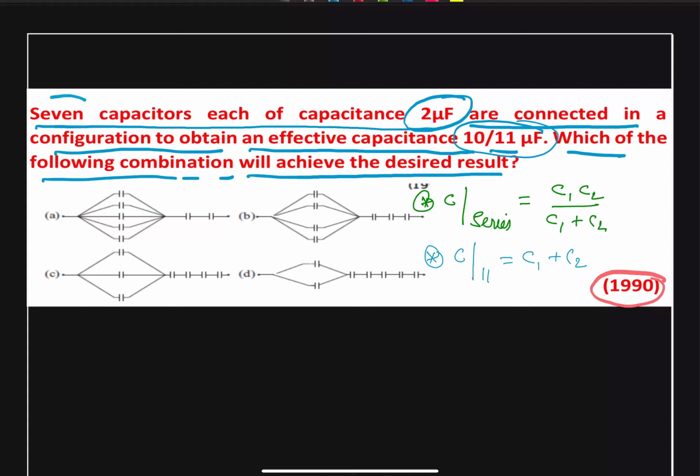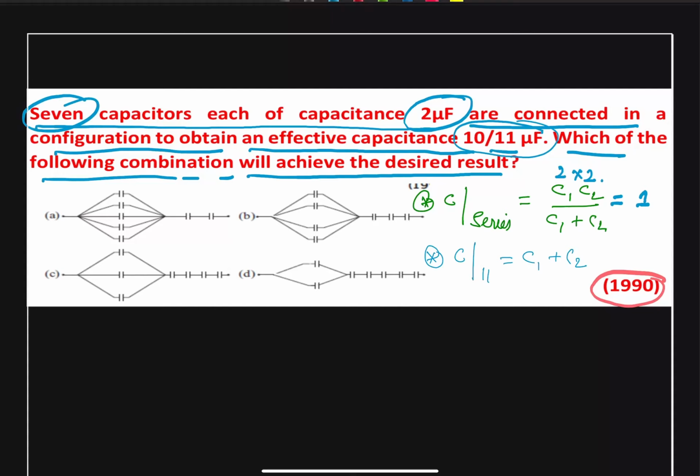Okay. And it is given that we have a total 7 capacitors, each having 2 microfarad. So from series combination, if we substitute the value of 2 for each capacitance, the series capacitance is going to give us a value of 1 microfarad.